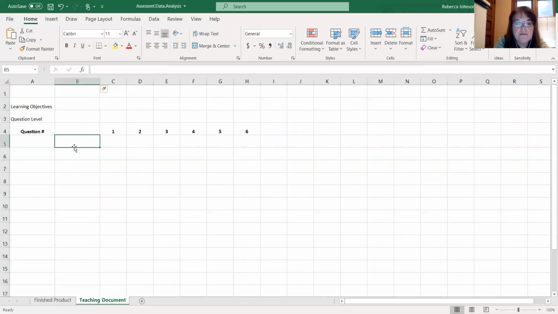Now, when you do the edTPA, if you're teaching secondary, you likely have 2, 3, maybe even 4 sections of the same class. You're not going to take every section. You're going to focus on one section. So in your list, you are probably going to have somewhere between 16 and 25 students on the list.